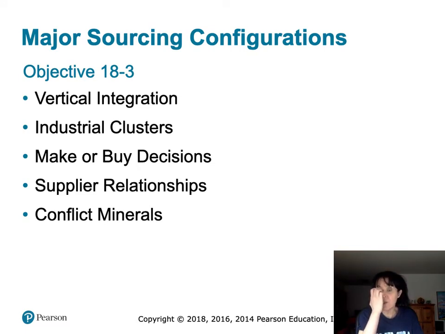Conflict minerals are a real challenge for US-based multinational corporations. Those companies must be in compliance with a provision in the Dodd-Frank Act that requires companies to disclose the use of certain minerals mined in war-torn or conflict areas, primarily in Africa.